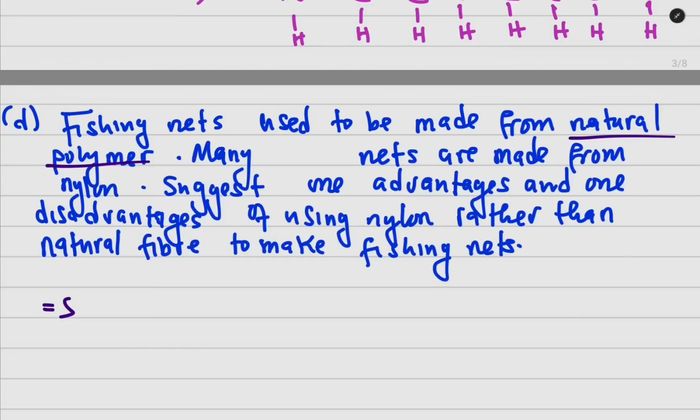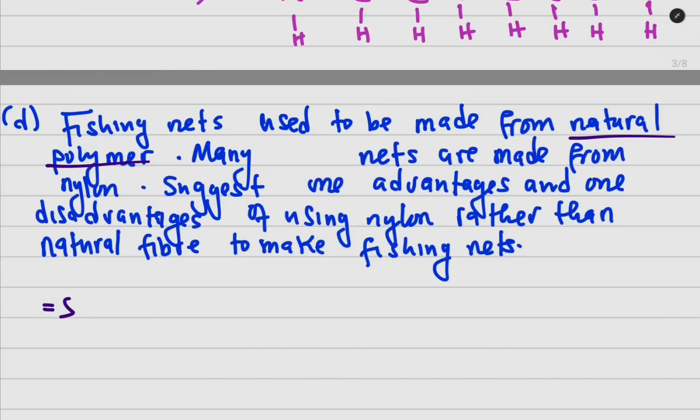And in addition to that, they absorb moisture, because the nets are used for fishing. Then also they might not be strong, and of course not elastic. So those are some of the challenges with natural polymers.